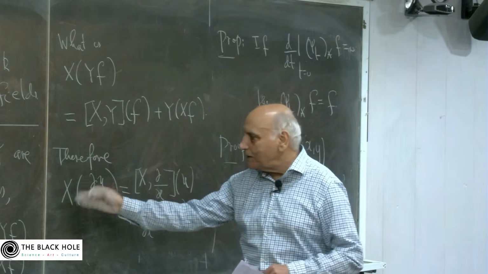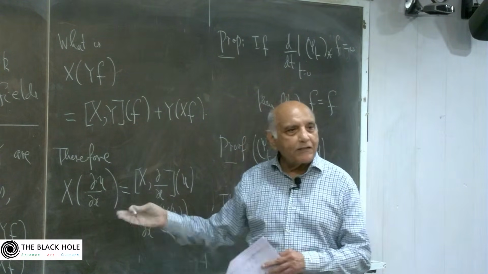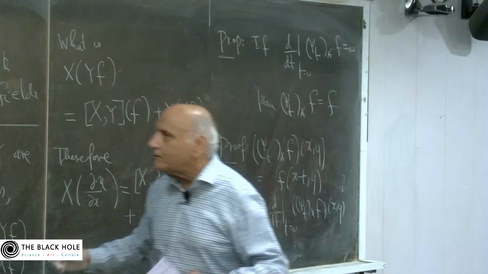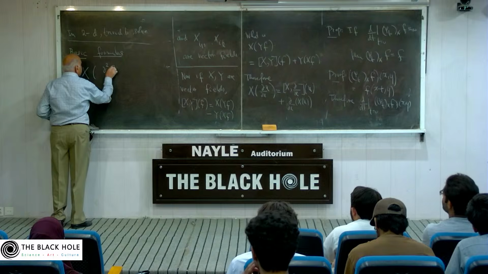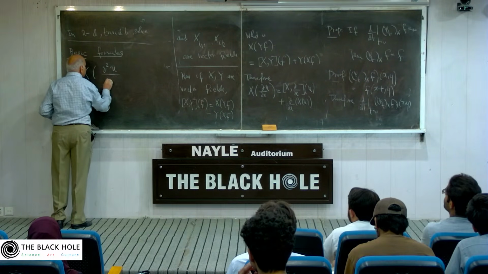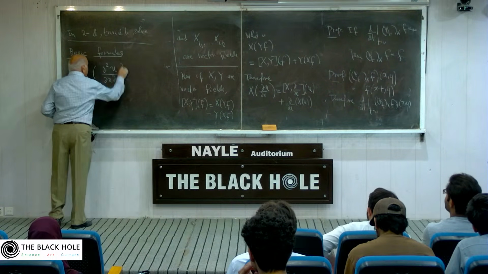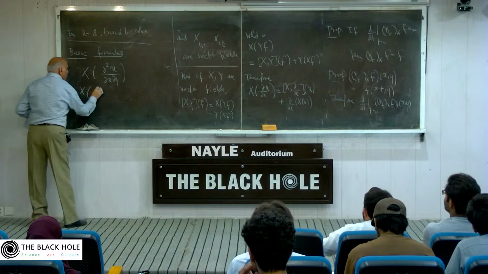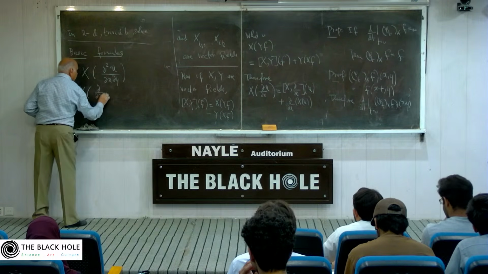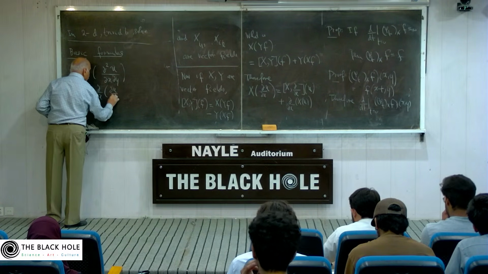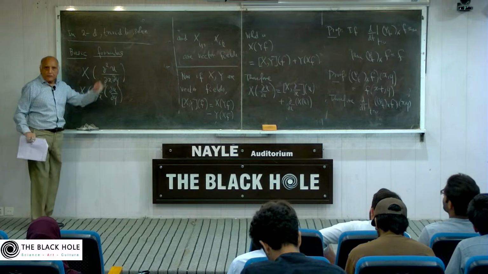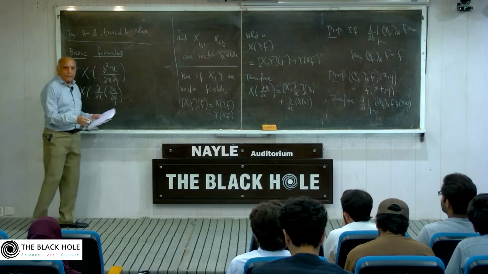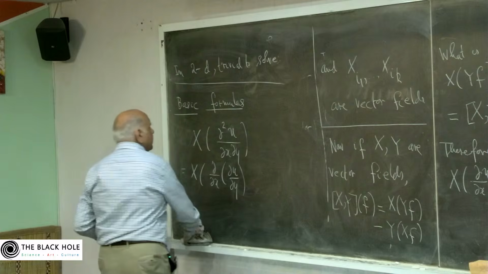Because the higher one would be again things like this: partial 2 u by partial x partial y. How would you do it? This is X of partial by partial x of partial u by partial y, and then use this formula. You can extend it.